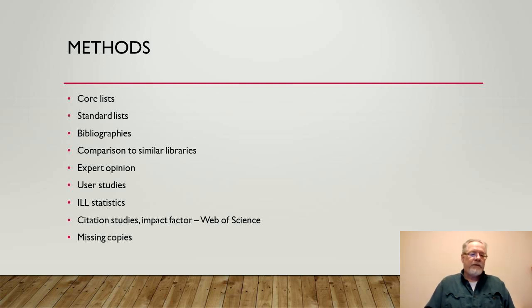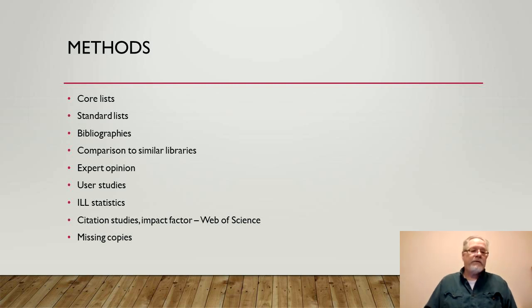You'll find core lists for public libraries. There's a variety of different core lists based on the level of the collection. The trick would be to find what core list is appropriate for what collection area you're doing. But there are frequently lists, printed or online, that say these are the things that you need to have in order to have a competent collection in this area.